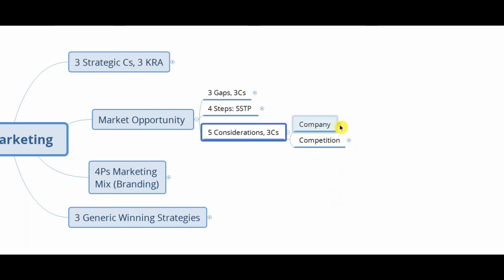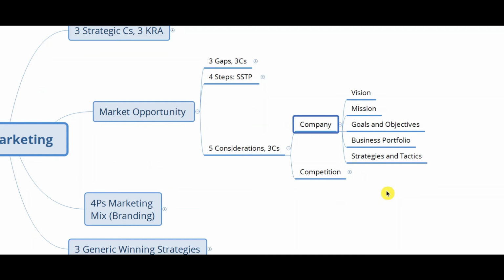Is the opportunity aligned with the vision and mission of the company, with its goals and objectives, business portfolio, and strategies and tactics? An opportunity might exist where these three elements are present, but if it's not aligned to the vision and mission, it's conflicting to the business portfolio, it's not within the goals and objectives of the company, any of those reasons might be a reason not to take advantage of the market opportunity.